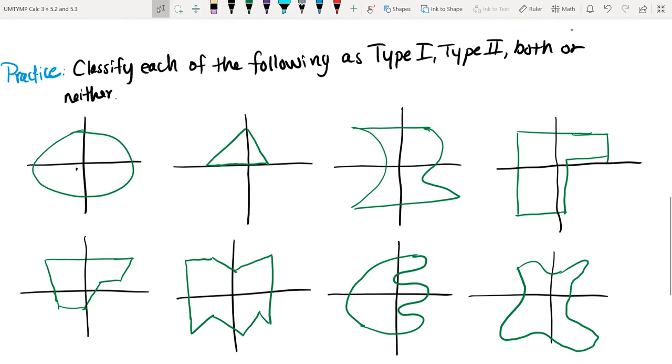And now this next one, I want you to pause the video and identify each one of these as type 1, type 2, both, which really is type 3, or neither. Okay, and be very careful with your definitions. Okay, the first two are actually going to be both. So this is going to be type 3.